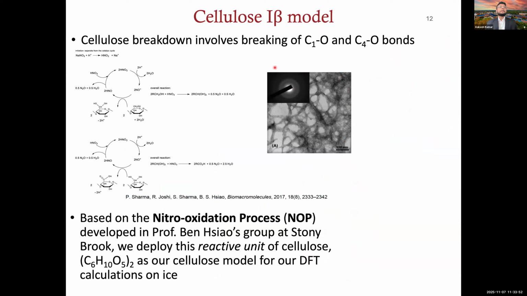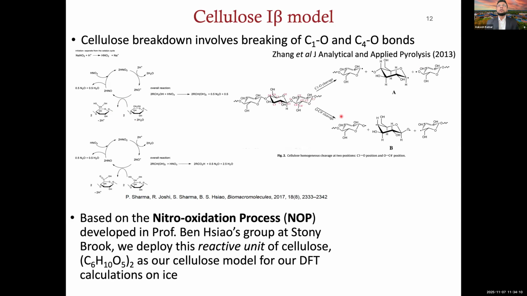But one thing that is very relevant here is that when cellulose breaks down, it involves breaking of the glycosidic bond that I just showed, where if you label them as C1 and C4, that's where the breakdown happens. Many mechanisms have been proposed, but usually they all center around breaking either this bond or that bond. So it's a C1-C4 cleavage.